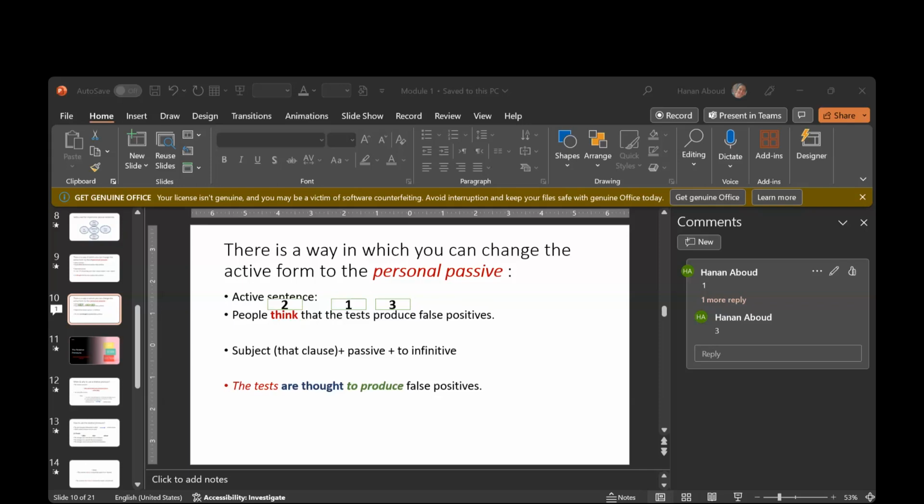The team, singular, knows that. Okay, this is active, not passive. This is active voice, and this is simple present, knows, simple present singular. The team knows that. Okay.